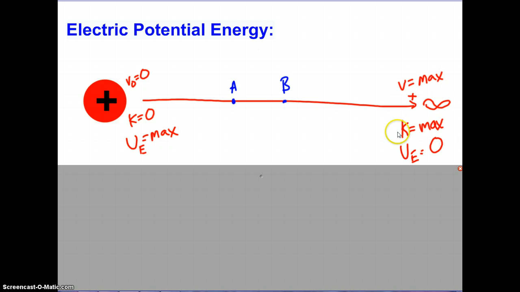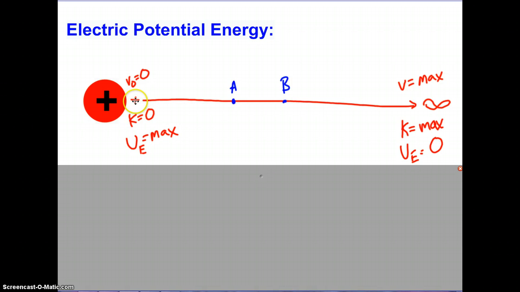If that's true, that means it would have maximum kinetic energy, and when it reaches infinity, its electric potential energy would be zero. Everybody has a pretty easy time understanding this scenario. The thing to take away from this is that electric potential energy is always zero at infinity.